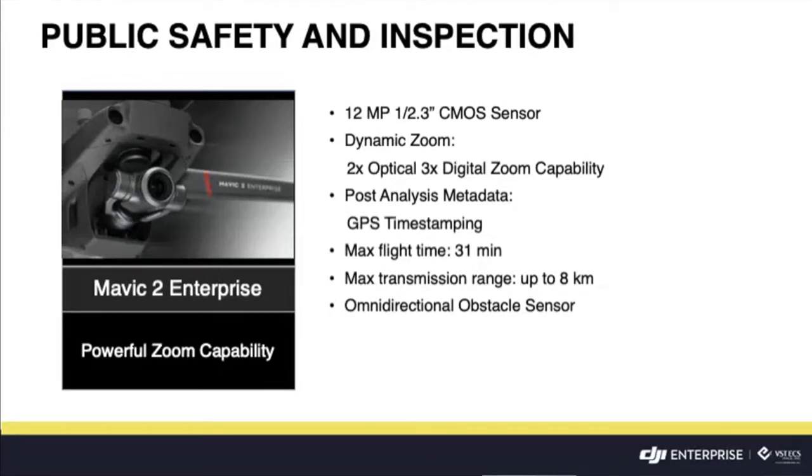For its main specifications, it has a 12 megapixel camera and a 1/2.3 inch CMOS sensor that is capable of 2 times optical zoom, with a maximum flight time of up to 31 minutes and a maximum transmission range of up to 8 kilometers. For its obstacle sensors, it has omnidirectional obstacle sensing, meaning all sides of the drone, even up and down.